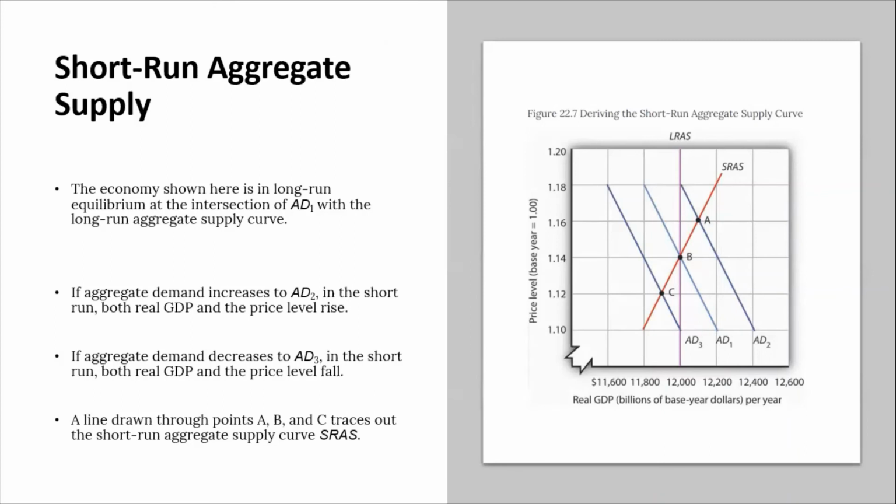If aggregate demand increases to 82, both real GDP and the price level will rise. If aggregate demand decreases to 83 in the short run, both real GDP and the price level will fall. A line drawn through points A, B, and 3 traces out the short run aggregate supply curve, SRAS.